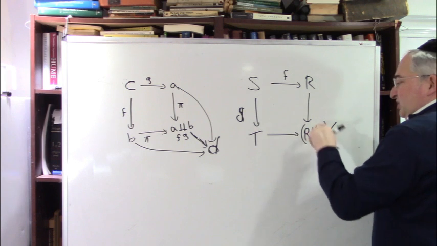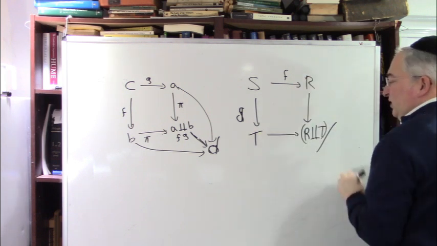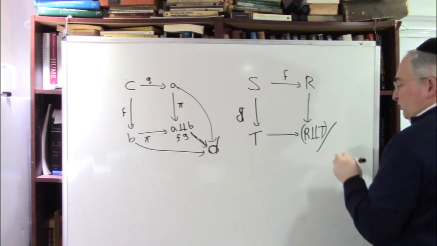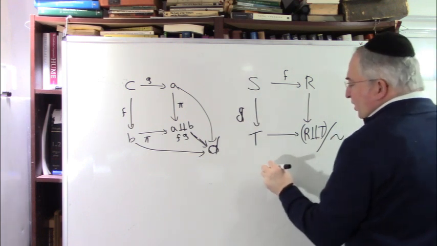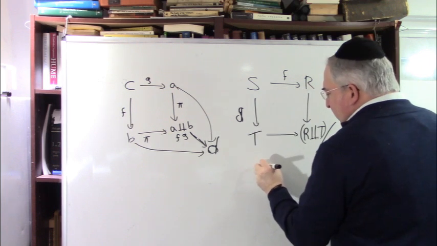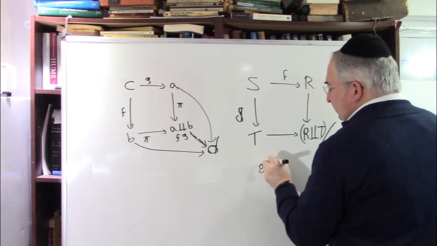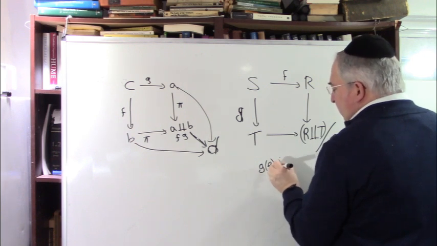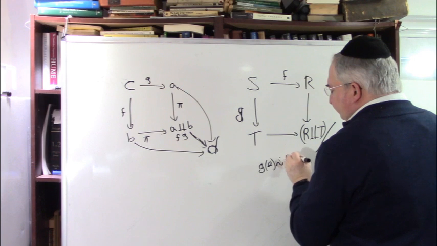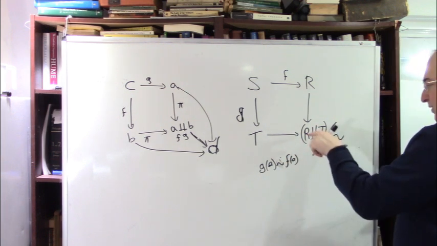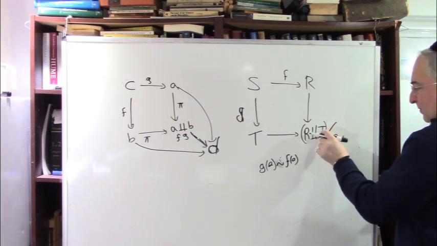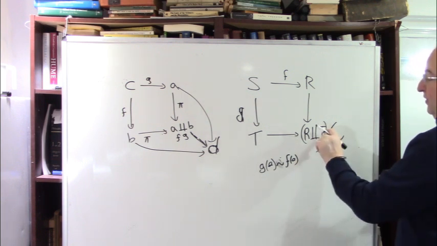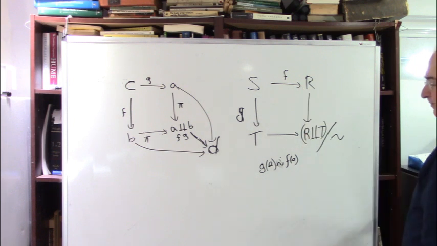This has the disjoint union of these guys and these guys, but we set certain things equal to each other. Namely, we have an equivalence relation, and the equivalence relation is generated by these little s's, so we have g of s is equivalent to f of s. So take this thing, but certain elements in T will be crushed together, made into one, if they both come from the same f and g.